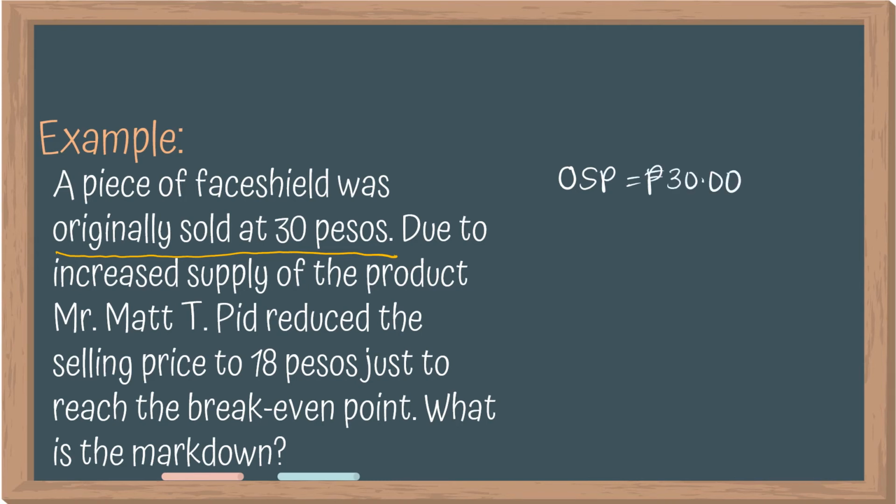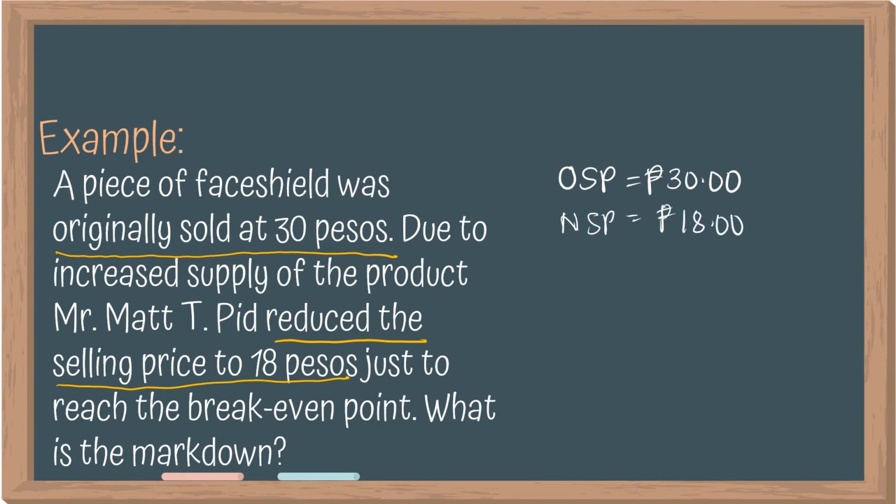Next, we have reduced the selling price to 18 pesos. So from 30 pesos, the selling price was reduced to 18 pesos. So with this one, we can say that 18 pesos is the new selling price of the product.